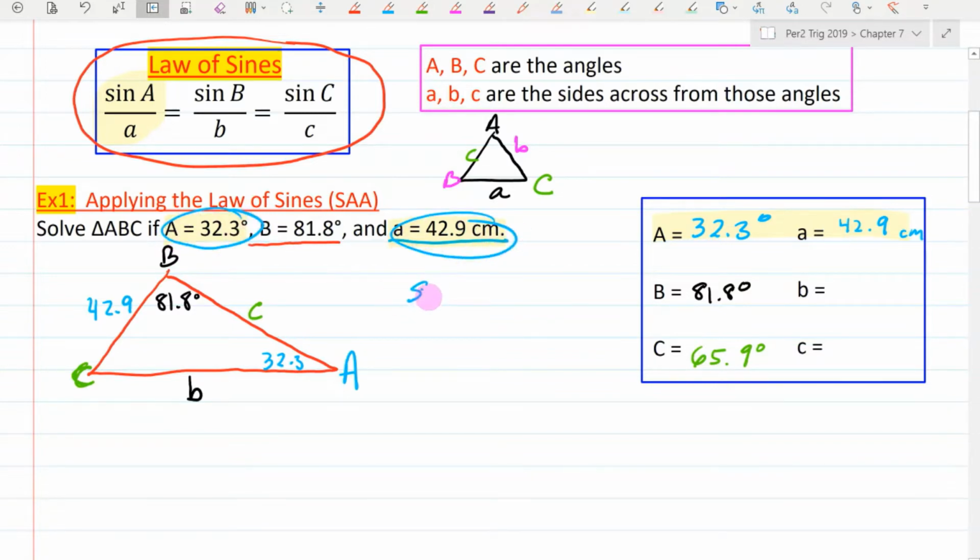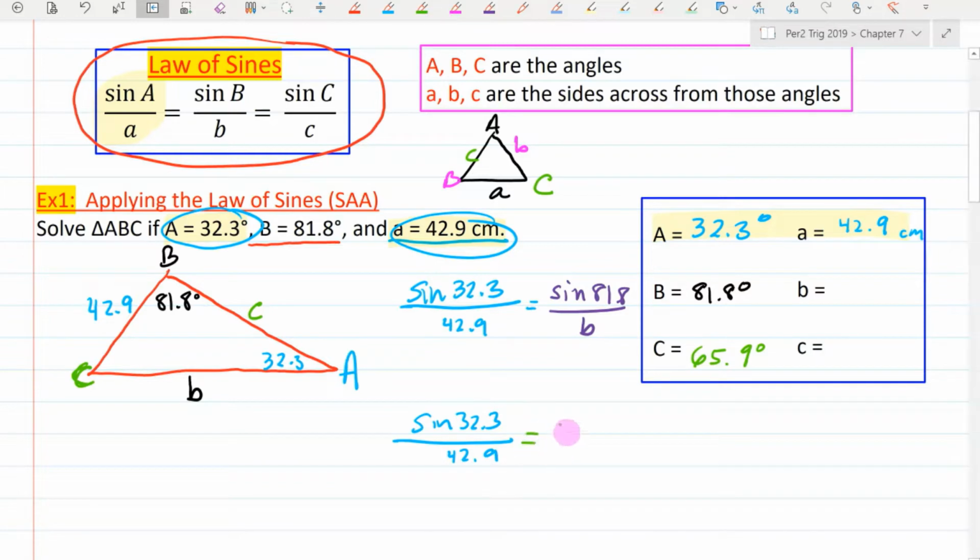Okay, so sine of A over a is equal to sine of B, which is 81.8, over b. Same thing, we're going to use sine of A over a, and then we're going to use equal to sine of C over c.